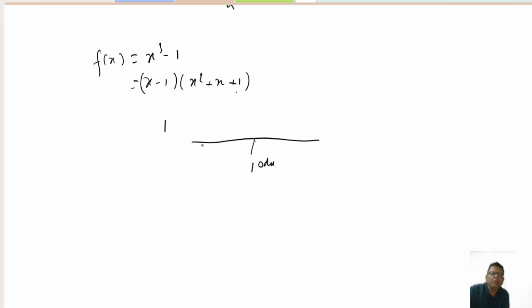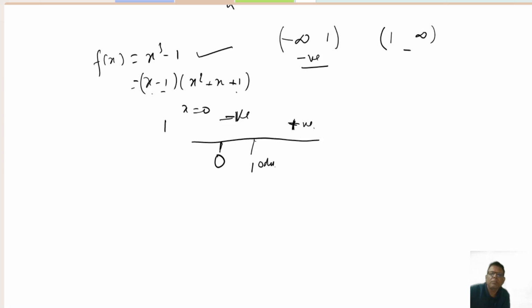You take test value x equal to 0, and you get minus 1, so it is negative. Since 0 lies to the left of 1, the function is negative from minus infinity to 1, and positive from 1 to plus infinity.